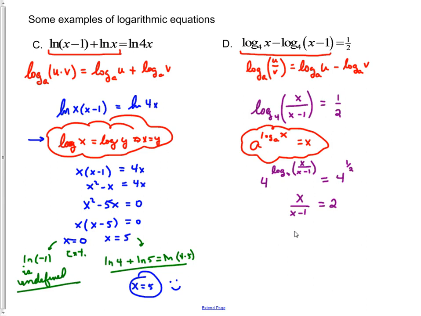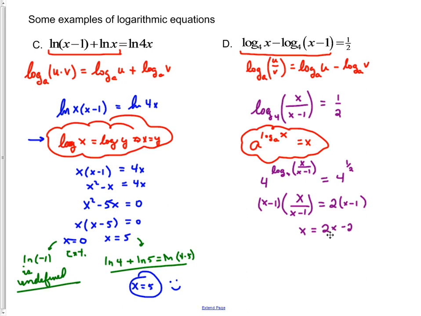So our solution is going to be one of those kind of solutions where we can multiply both sides by the LCD and solve for x. So in this case, if we multiplied on the left by the quantity x minus 1 and multiplied on the right by the quantity x minus 1, our algebra tells us that we're going to get x is equal to 2x minus 2.